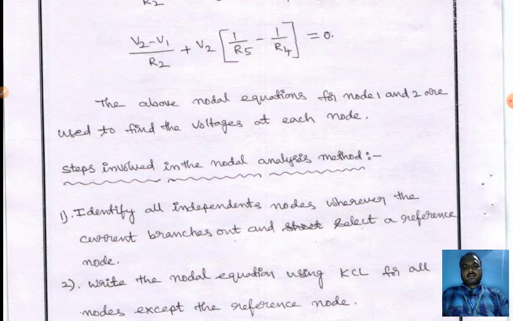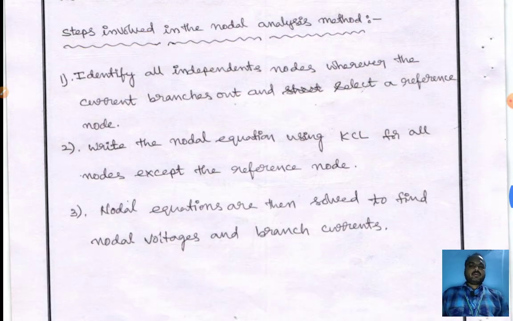Right. Next we will see the steps involved in the node analysis method. First step is to identify all independent nodes wherever the current branches out and select a reference node. So we have to identify the nodes wherever the current branches out and select one reference node.